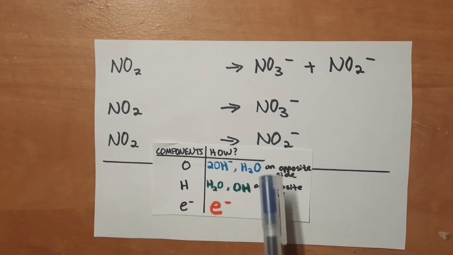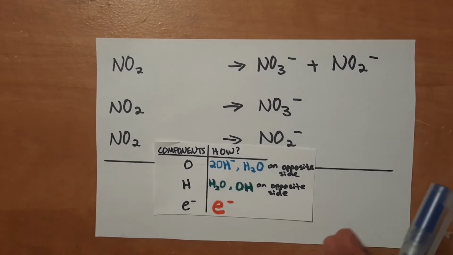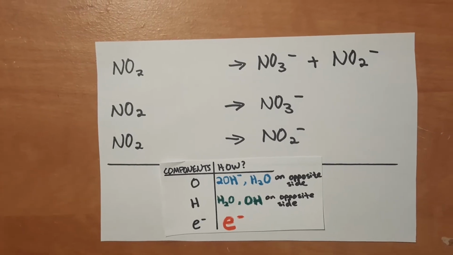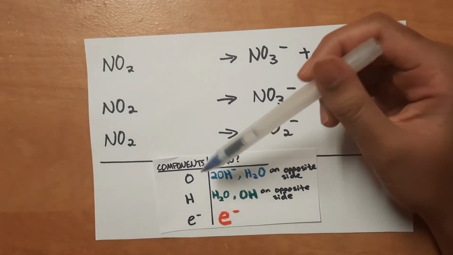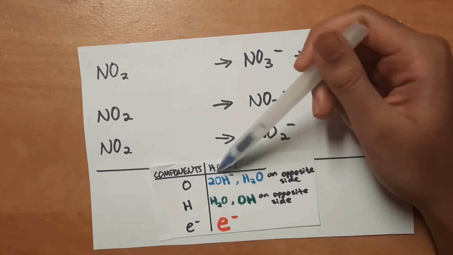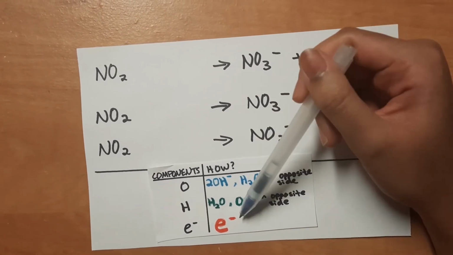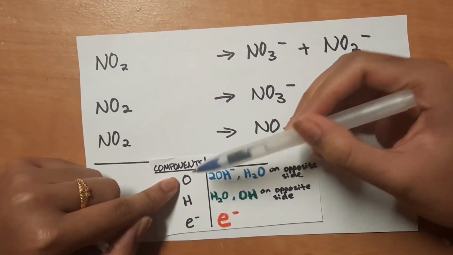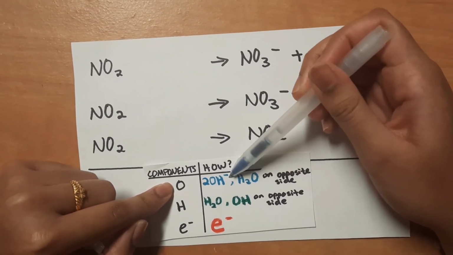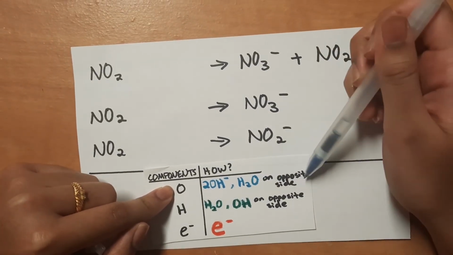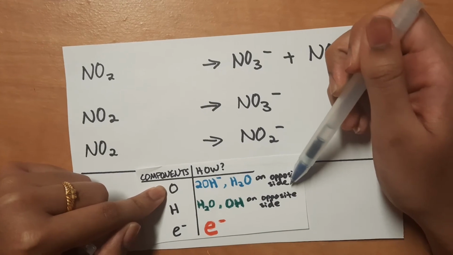And this is what sets apart the basic and the acidic solutions. So we notice here the table already looks very different because there's 2 molecules in the how section of the table. So what that means is for every oxygen that you need, you will add 2 hydroxide ions to the side that's deficient and 1 H2O on the opposite side.